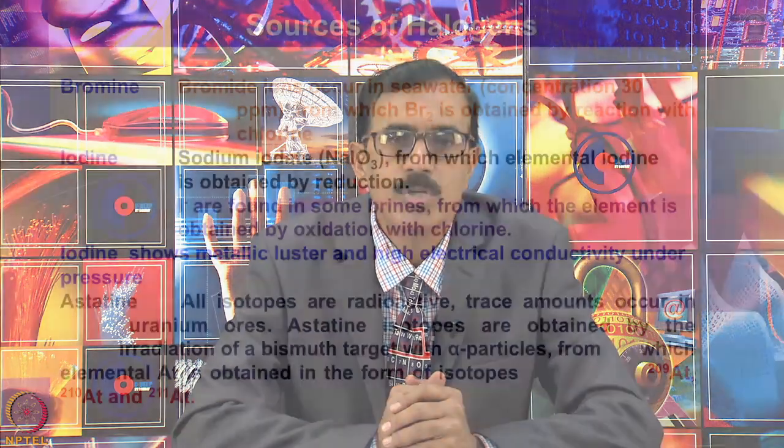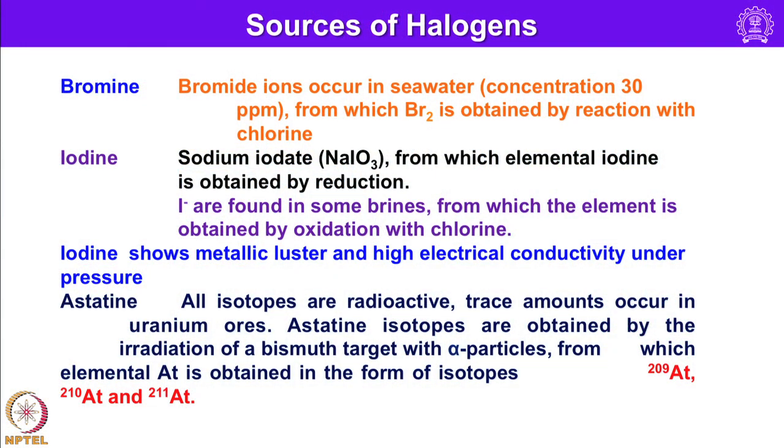Bromide ion occurs in seawater, of course, at a very low concentration, about 30 parts per million, from which bromine is obtained by reaction with chlorine. Sodium iodate NaIO3 is the source from which elemental iodine is obtained by reduction, and iodates are found in some brines from which the element is obtained by oxidation with chlorine.